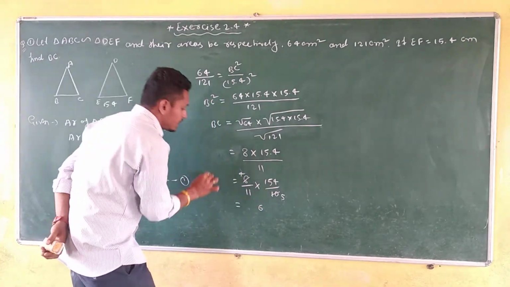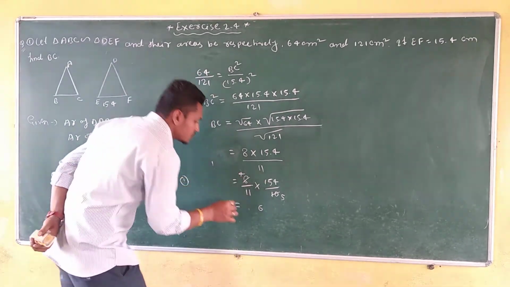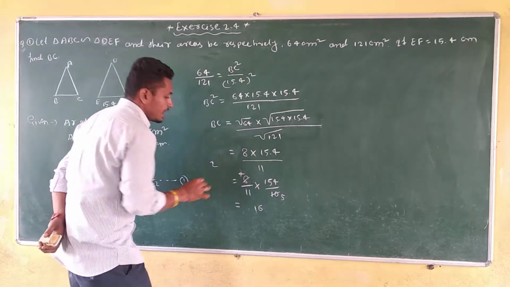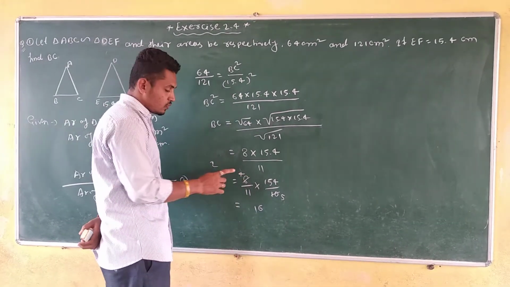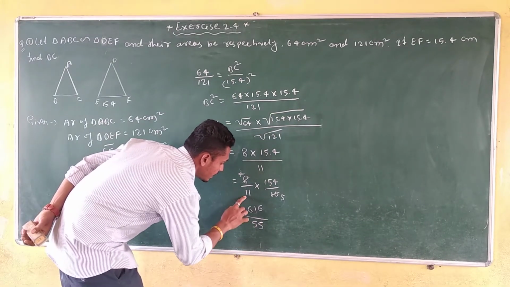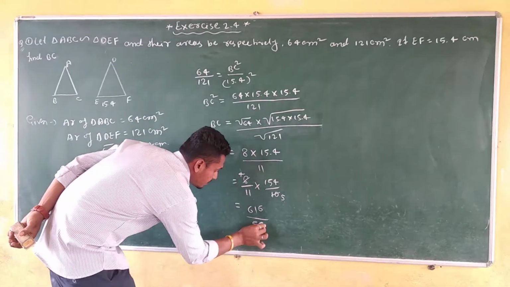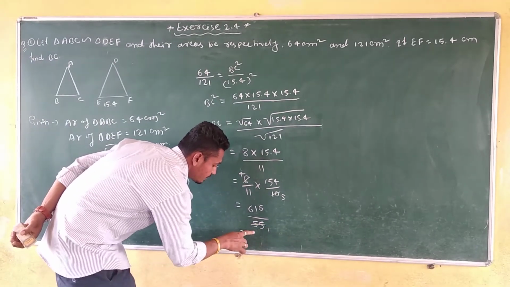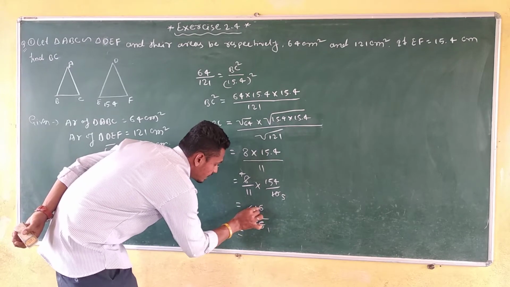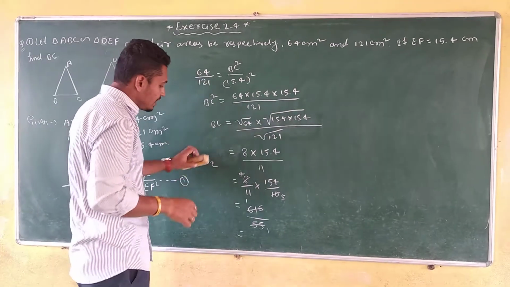Write 6 here, take 1 carry. Next 4 5s are 20, 20 plus 1 is 21, so write 1 and take 2 carry. And 4 1s are 4, 4 plus 2 is 6, divided by 55. 11 5s are 55.